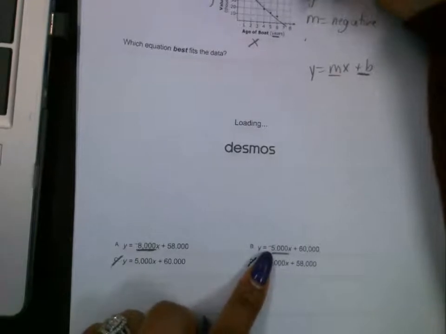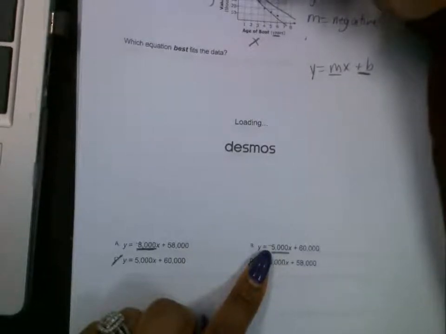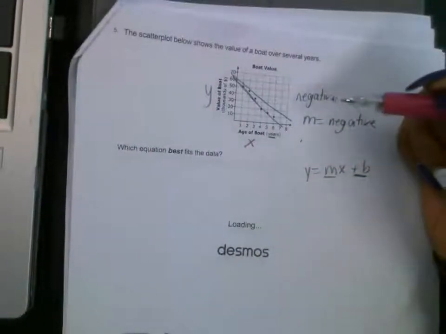If I do 5,000, if I start here and I go down 5,000, that would be right in here, the halfway mark a little bit above, and I draw a line that will look like this. So the first line is the better line. This is your much better line.